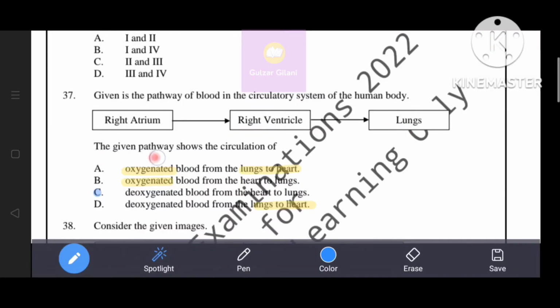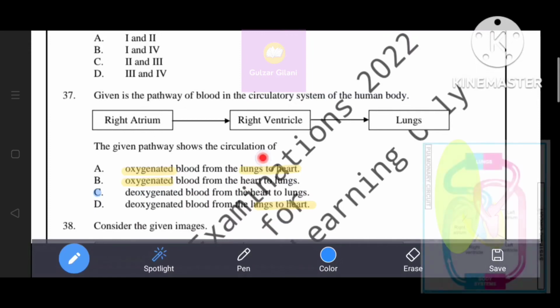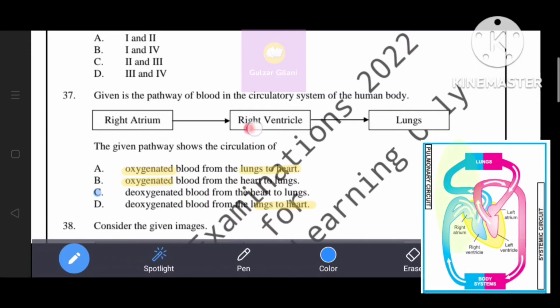The given pathway shows the circulation of deoxygenated blood, as the right atrium and right ventricle contain deoxygenated blood. Means options A and B are incorrect because oxygenated blood is written there. And blood is going to the lungs, means heart to lungs. Option A says lungs to heart, and option D also, so A and D are incorrect. So our correct answer is option C, that is deoxygenated blood from the heart to lungs, means option C is the correct answer.